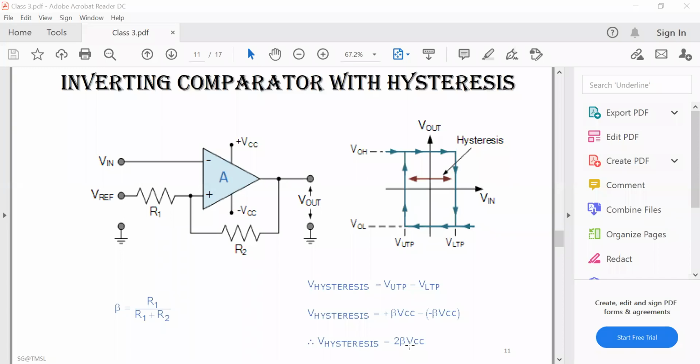So 2 into 0.1 into VCC 10 volt, that is also 2 volt. You can either calculate it separately in this way, or directly put it here. Is it clear? Yes sir.